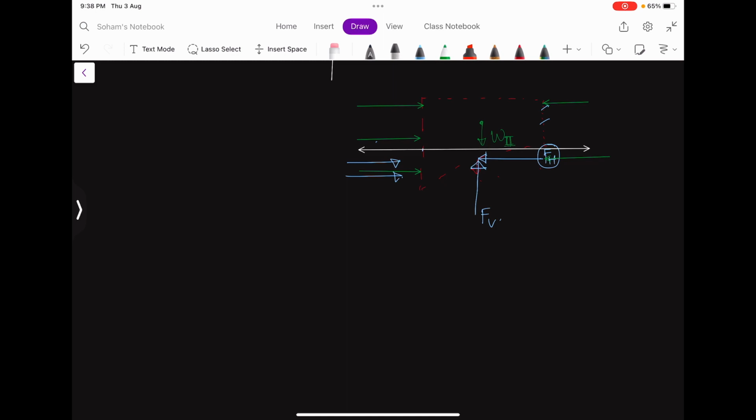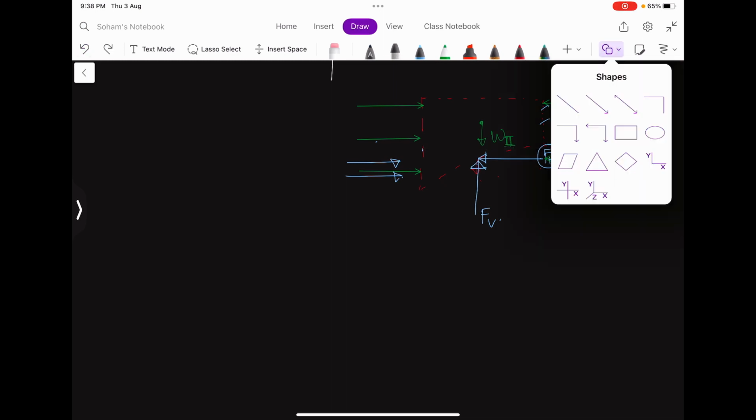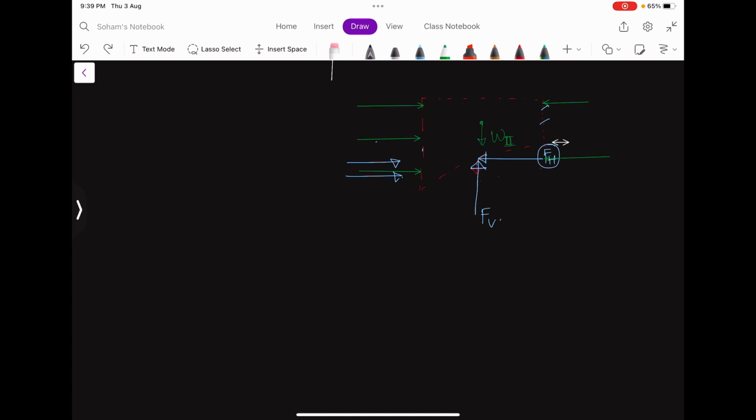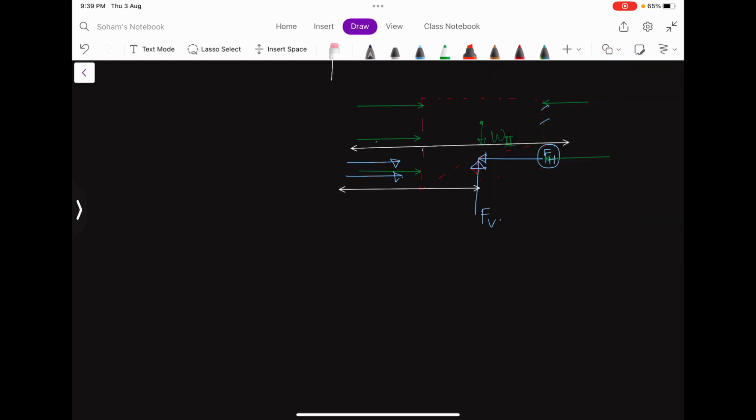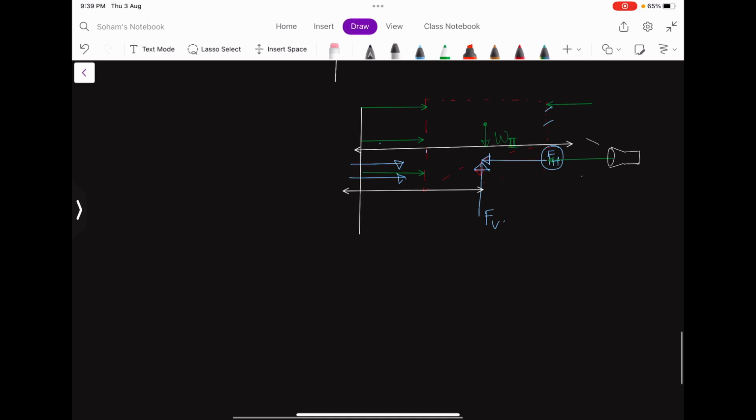This line is not perfect, this is somewhat perfect. So this much of area here is nothing but, again if you put a torch here, so this is the light and this is the shadow.